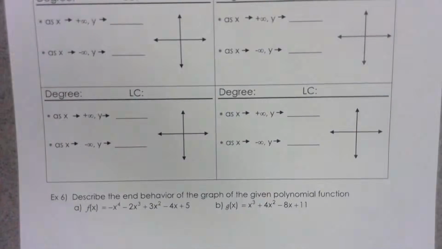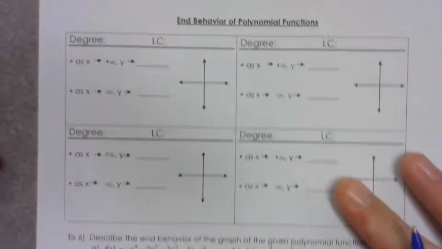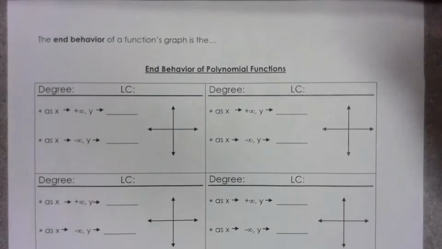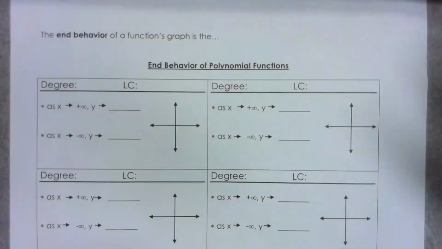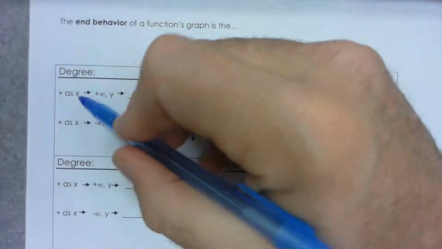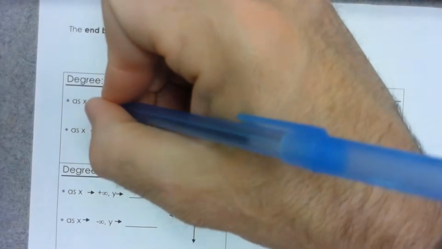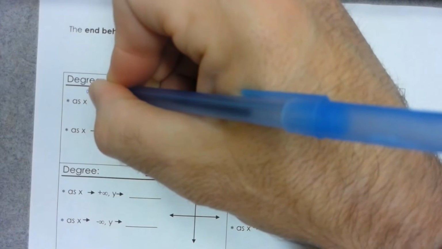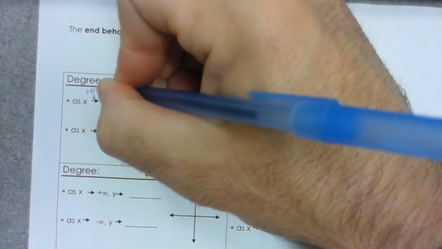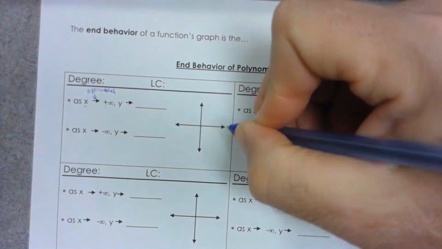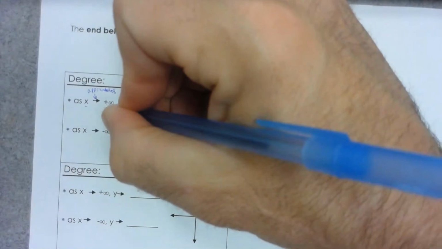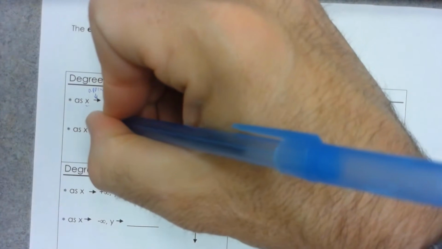End behavior. End behavior describes what happens at the far edges of the graph. So as x approaches positive infinity, the arrow means approaches. Positive infinity is off to the right, so this just means as x goes to the right.